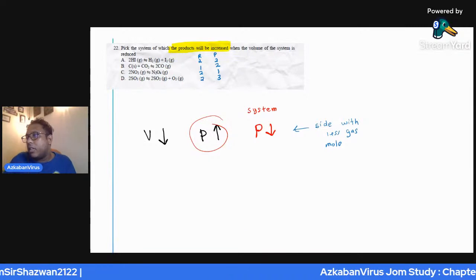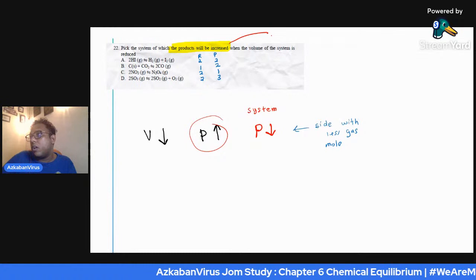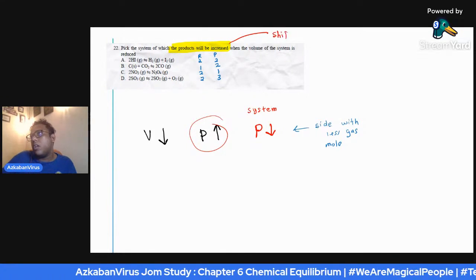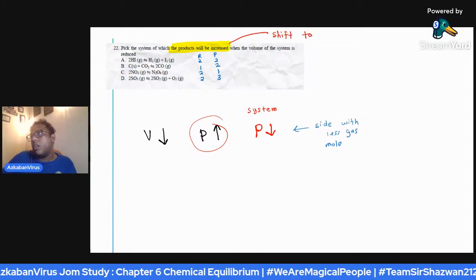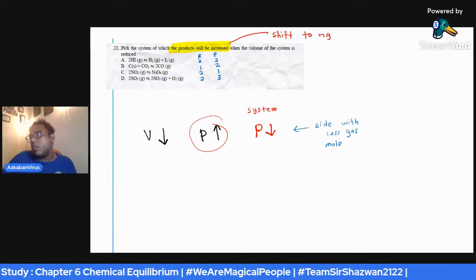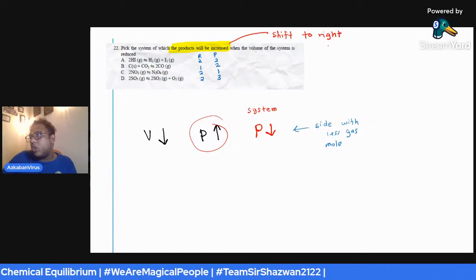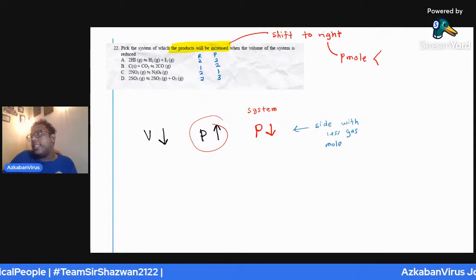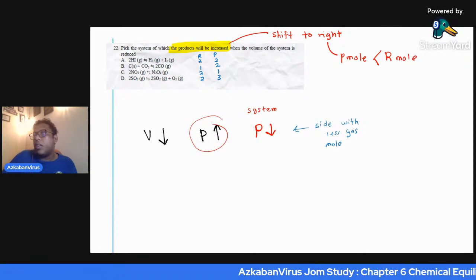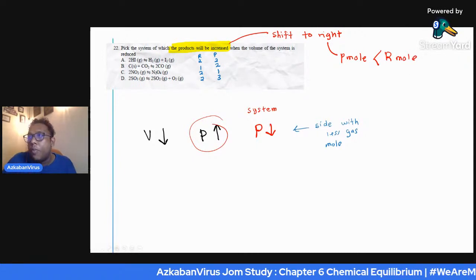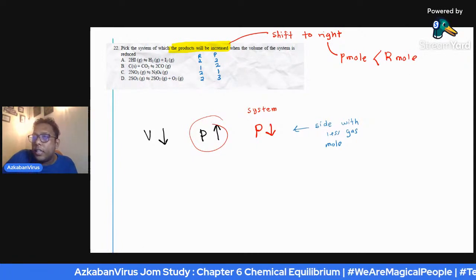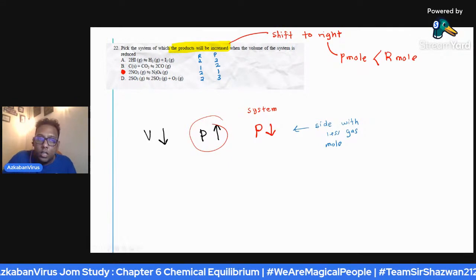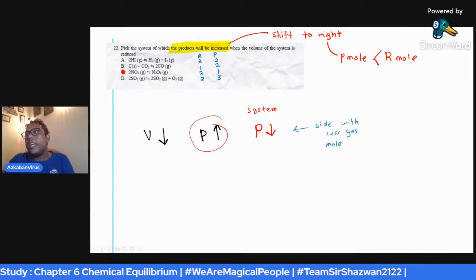Maksudnya dia kena shift to the right, bermaksud produk punya mol lagi kecil daripada reaktan punya mol. So, antara semua ni pilihan jawapan kita adalah C.